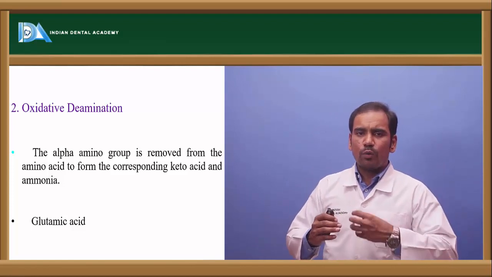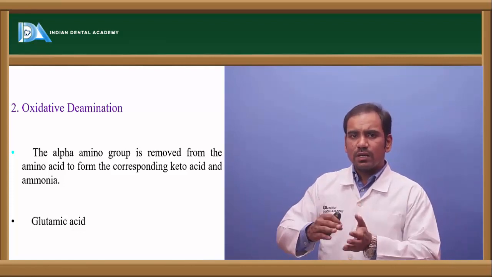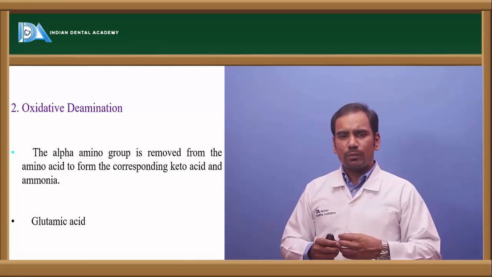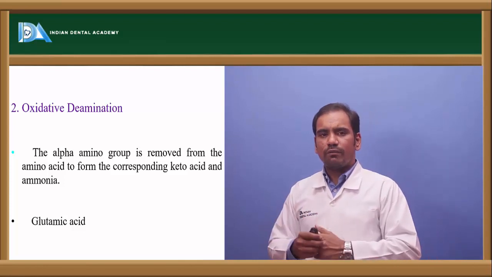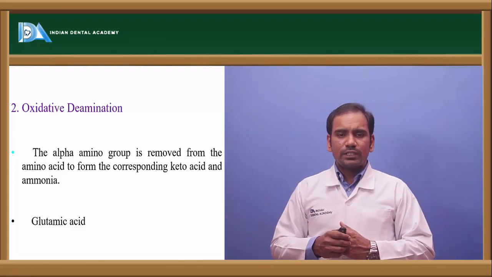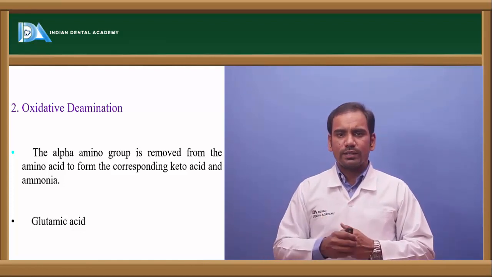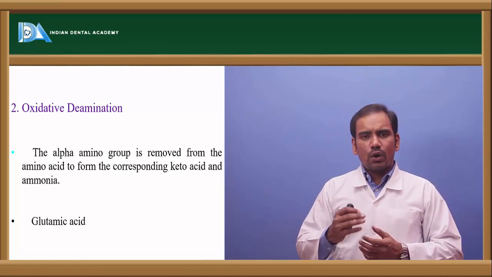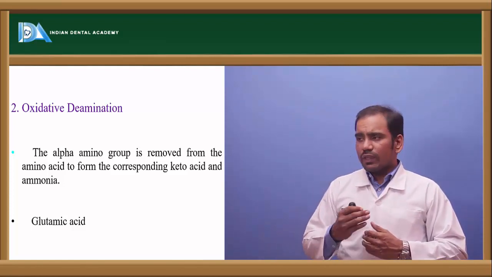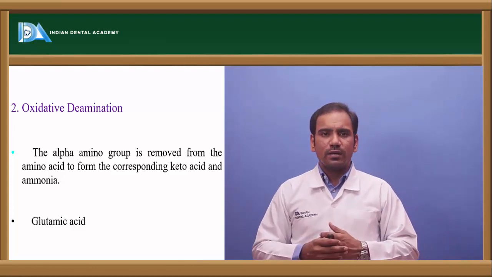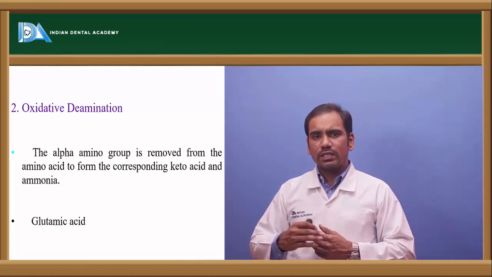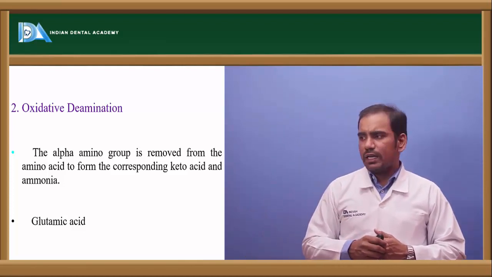Whatever amino group you remove from the amino acid is released in the form of ammonia, and after removing it, a keto acid is formed. So deamination means removal of the amino group from the amino acid. There are two types of deamination, oxidative and non-oxidative. Generally, when this removal of the amino group is coupled with oxidation, we call it oxidative deamination, and without oxidation, we call it non-oxidative deamination.